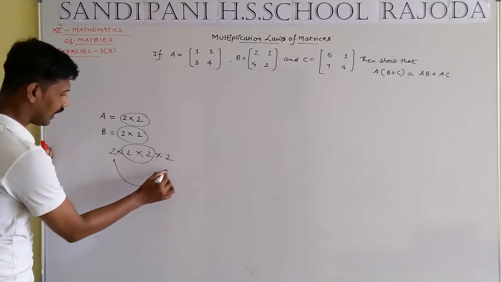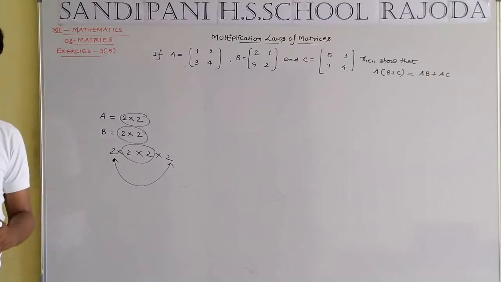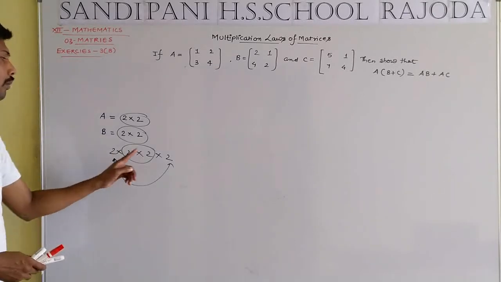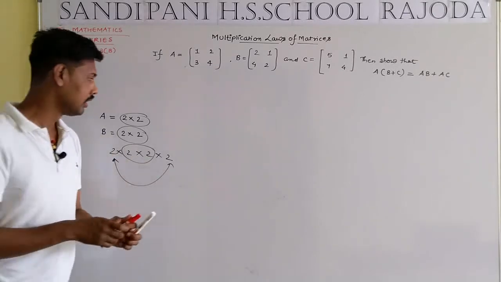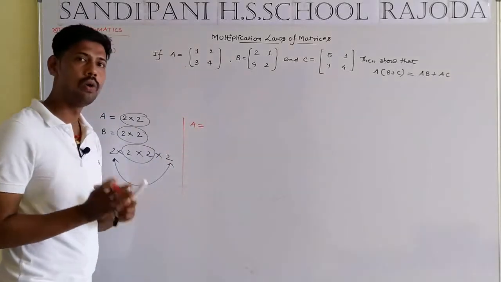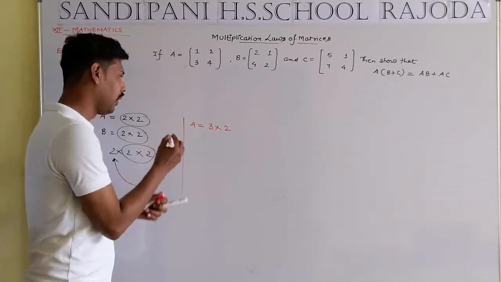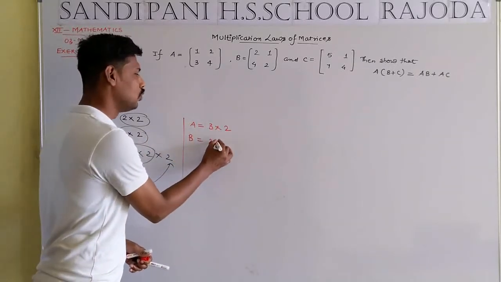The first and last numbers give the order of the result matrix, that means the result matrix is 2 by 2. Another example: if the order of the first matrix is 3 by 2 and the order of the second matrix is 2 by 2.